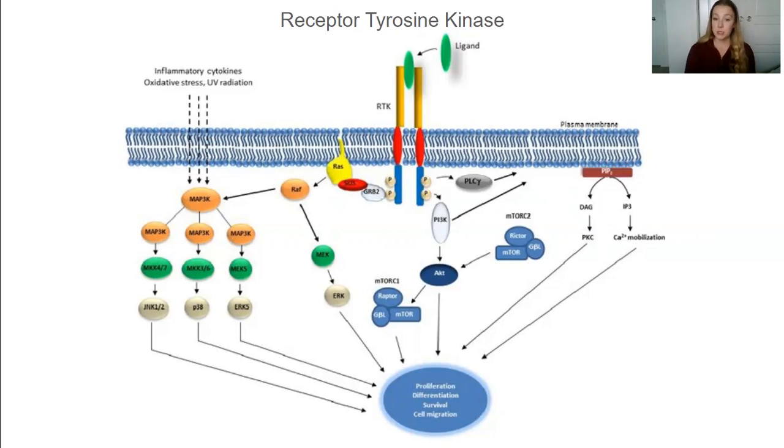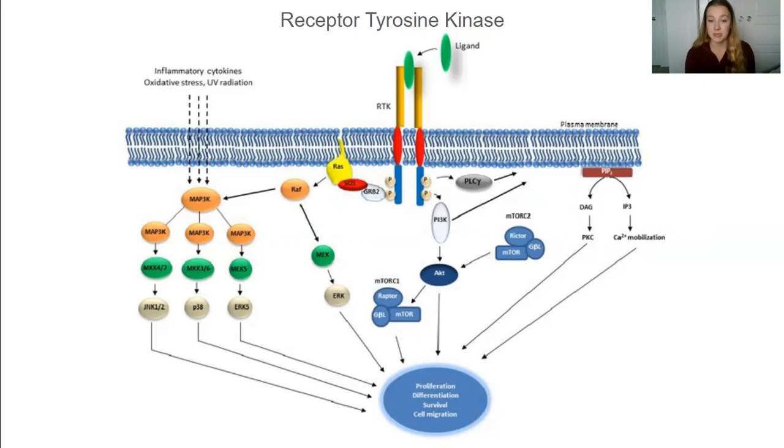There are 90 known tyrosine kinases, which are then divided into receptor tyrosine kinases and non-receptor tyrosine kinases. Out of the 90, we have 58 that are receptor tyrosine kinases, which are further divided into 20 subfamilies. And then we have 32 non-receptor tyrosine kinases divided into 10 subfamilies.